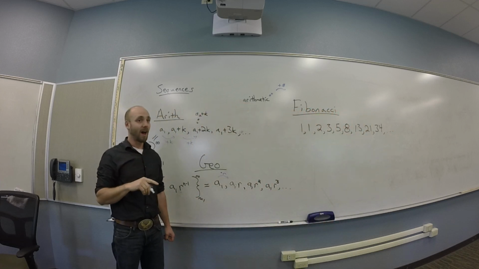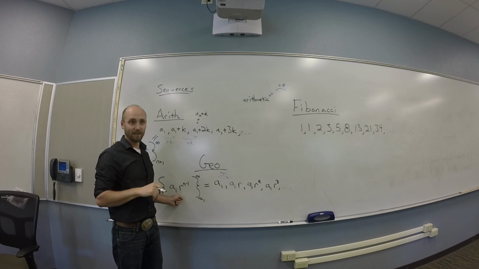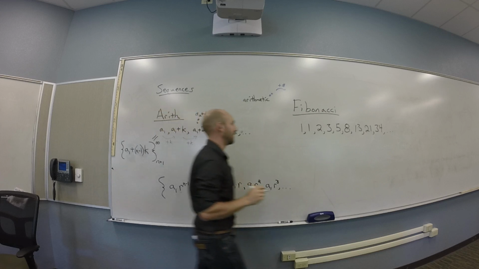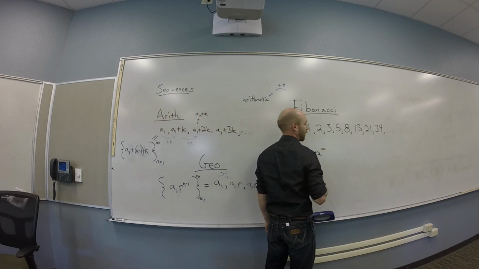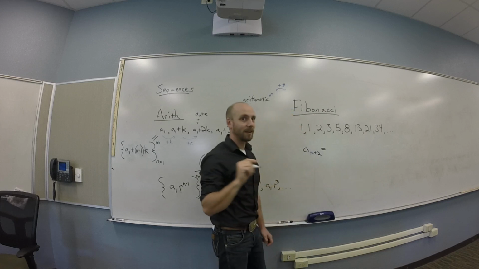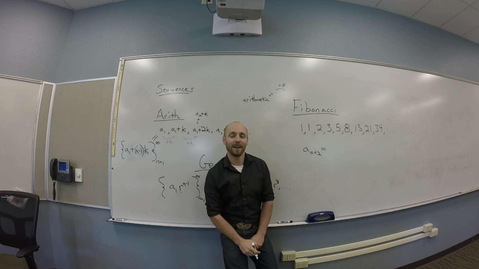Okay, this one does not have a convenient closed form like this. The best you can do with this one is tell what a sub n plus 2 is. So where did you get one of these terms? You added the previous 2.